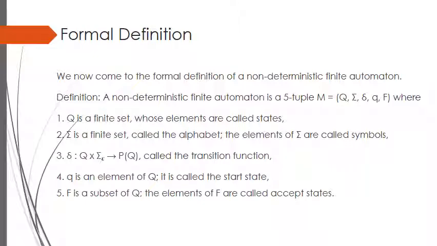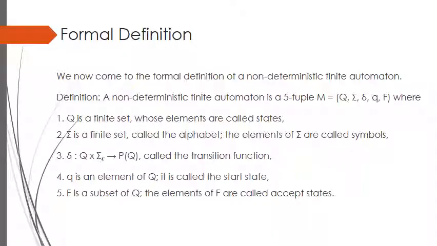Σ is a finite set called the alphabet. The elements of Σ are called symbols. Delta is a function defined from the Cartesian product of Q and Σ epsilon to P(Q), called the transition function.